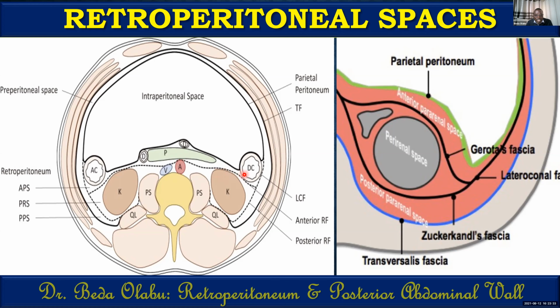So this region here is what we are calling the retroperitoneum, that space between the parietal layer of the peritoneum anteriorly and the fascia transversalis. Again, you can appreciate therefore that the peritoneum is the anterior wall of the retroperitoneum, and fascia transversalis is the posterior wall of the retroperitoneum.